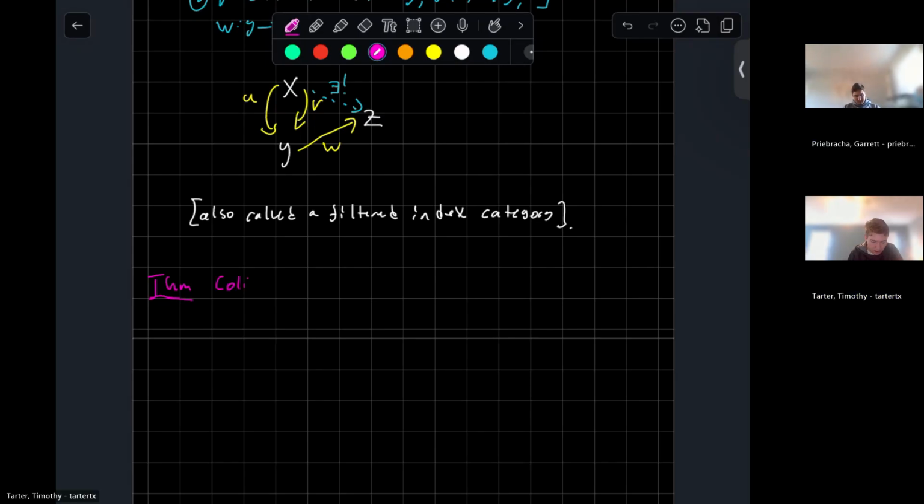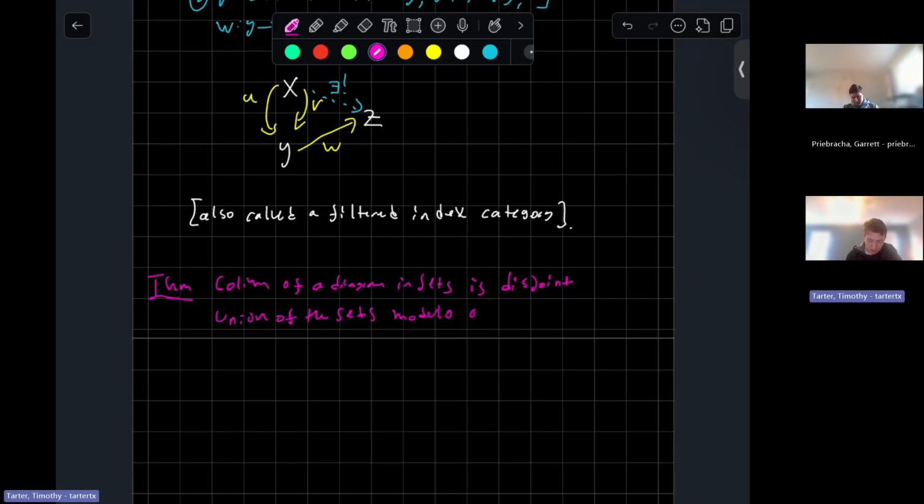So the colimit of a diagram in sets is the disjoint union of the sets modulo an equivalence relation.